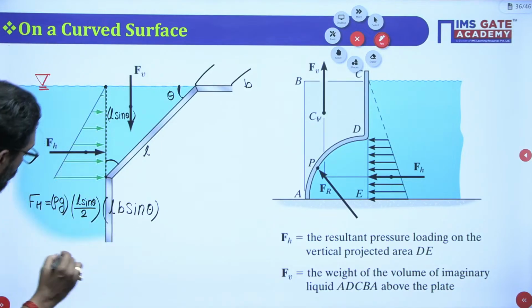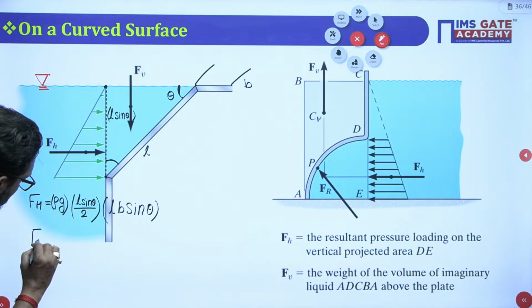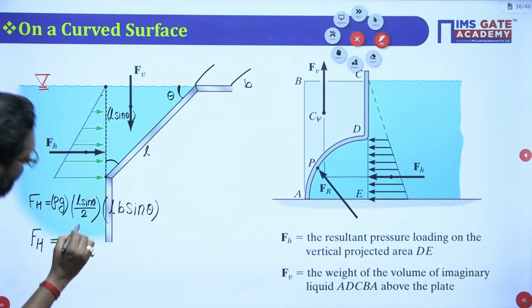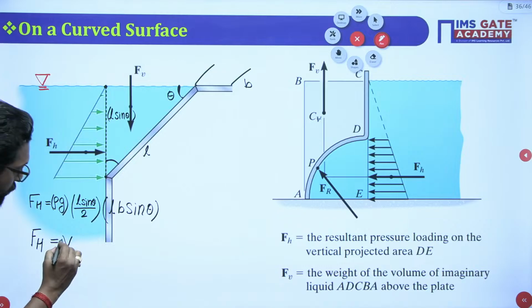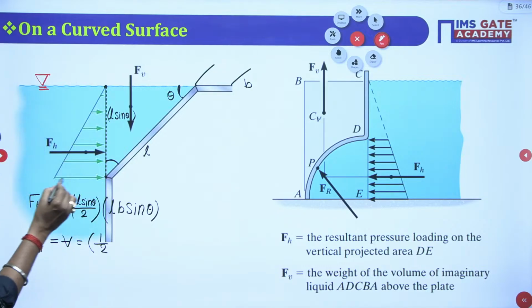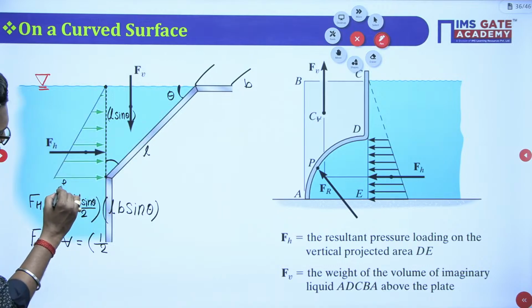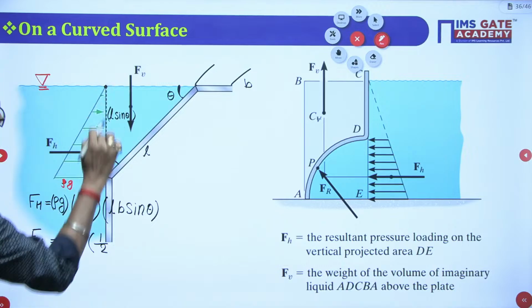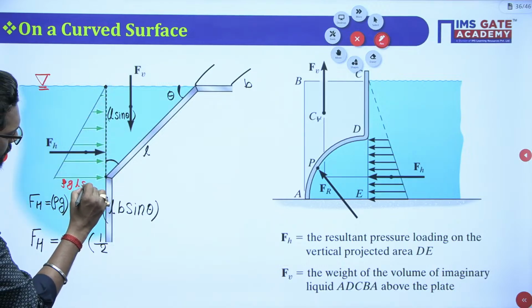Or you can calculate the hydrostatic force FH as the volume of this triangle. So what is the volume? First the area, half. And what is the pressure here? Rho g into the height L sine theta.